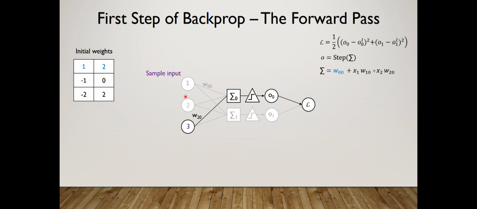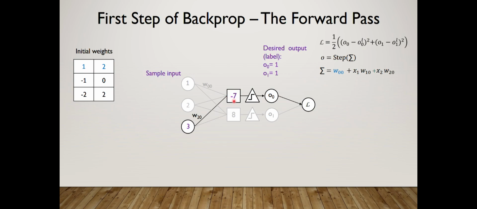What else do we need? We need a sample input. We're going to take the vector 2, 3 and pass it into our network, and we need a label. We want our network for this sample to output 1, 1, so O0 should be 1 and O1 should be 1. We're going to use the weights in this weight matrix. The first step is a forward pass.